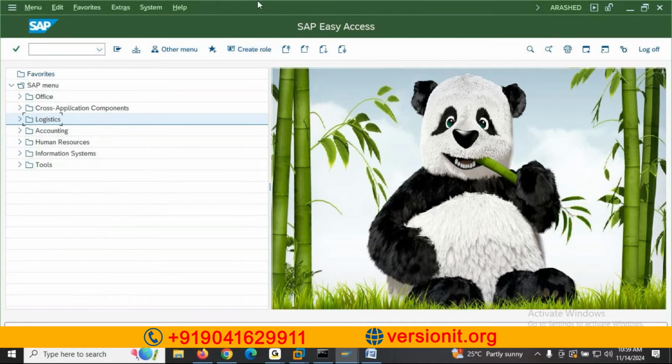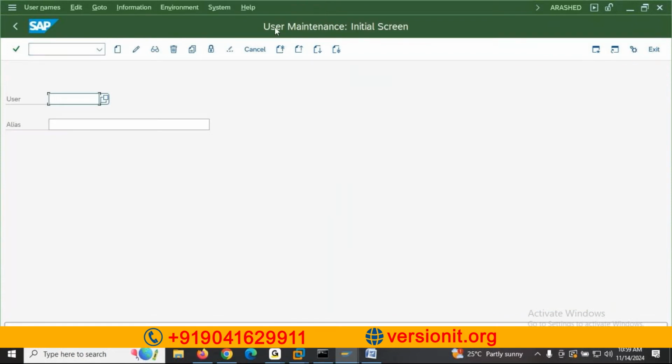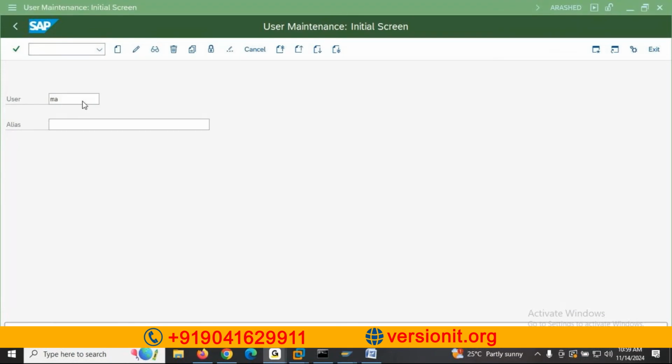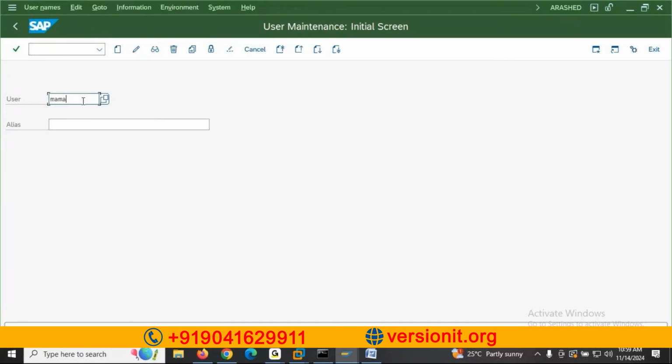This is your presentation, and whatever you do, you're supposed to do it here. Basis is very simple, anyone can adopt and learn it. Suppose I want to create a user, I have a simple command, and I hit enter. It takes me to user maintenance. Suppose I want to create Mamta. I can give the username and click Create.